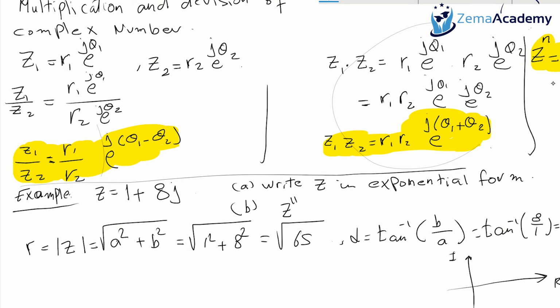The real value is 1, while the imaginary value is plus 8. So it seems the complex number is in the first quadrant, correct? Since it's in the first quadrant, your theta equals alpha, which is 1.45 radian.